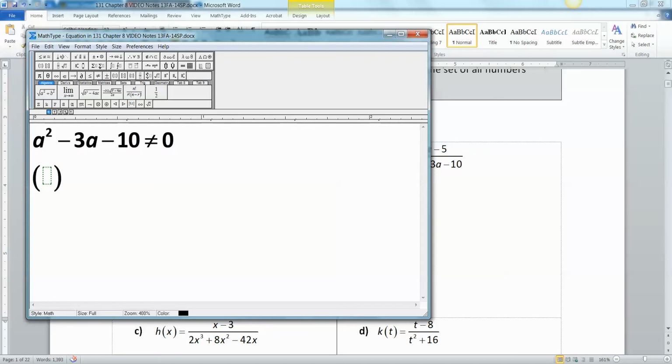All right, so treat that just like an equal sign. So you'd say a and a, we can factor this. It's minus 5 and plus 2. We learned how to do all of that back in chapter 6, right?